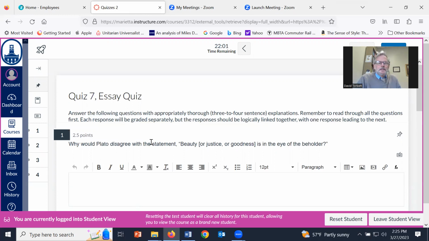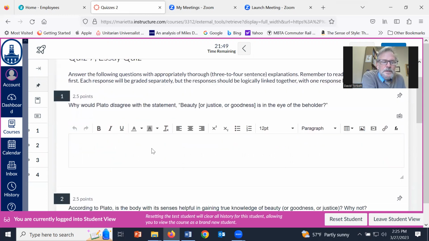So I put that in there because I want you to answer one question at a time, but I want you to remember that they're all linked together. And what students will sometimes do is try to put everything they know about Plato and the Phaedo in the very first question. And what you need to do is answer the question based on the text, but remember it's going to lead to another question. So go ahead and read them all ahead of time.